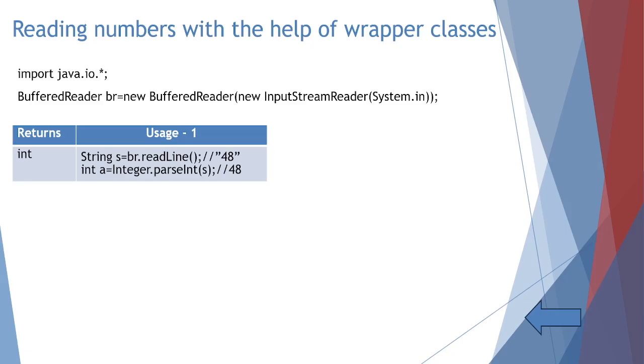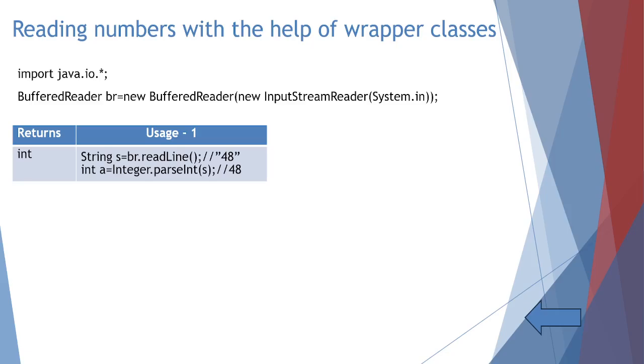Reading numbers is done with the help of wrapper classes. For example, String s = br.readLine(). We are expecting a number, but it is read as a string in double quotes. Let's assume 48 is entered. "48" will be stored in S, an object of the built-in String class, which is in java.lang.